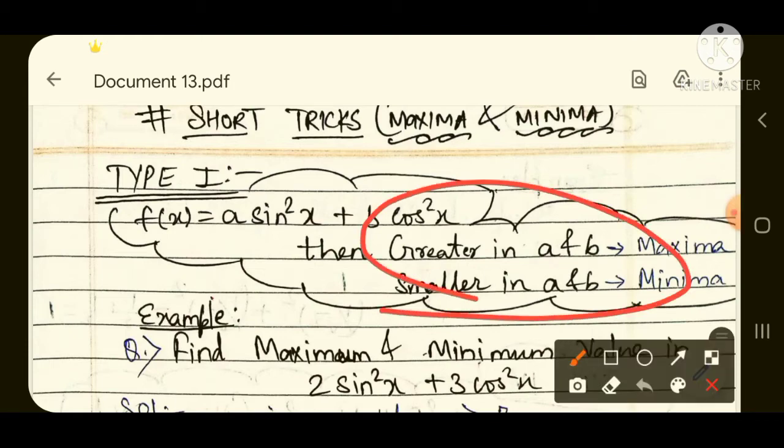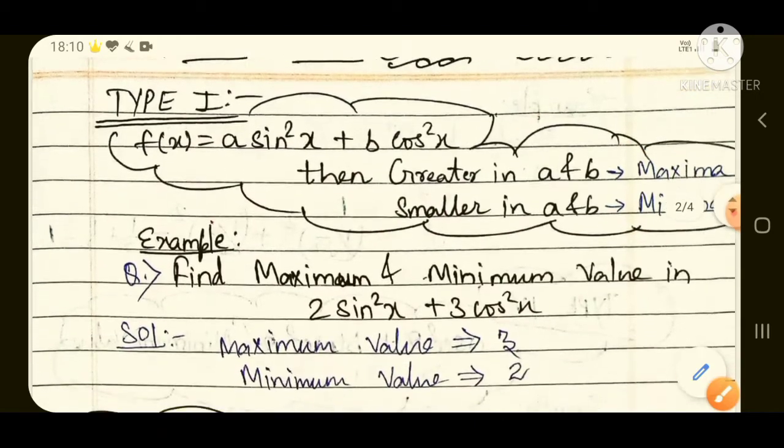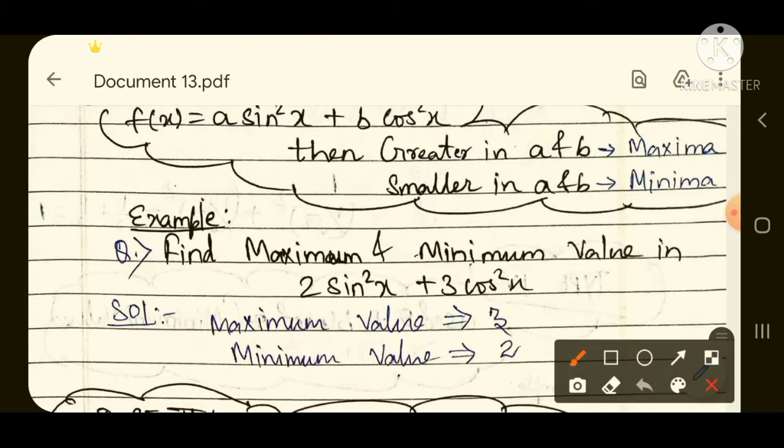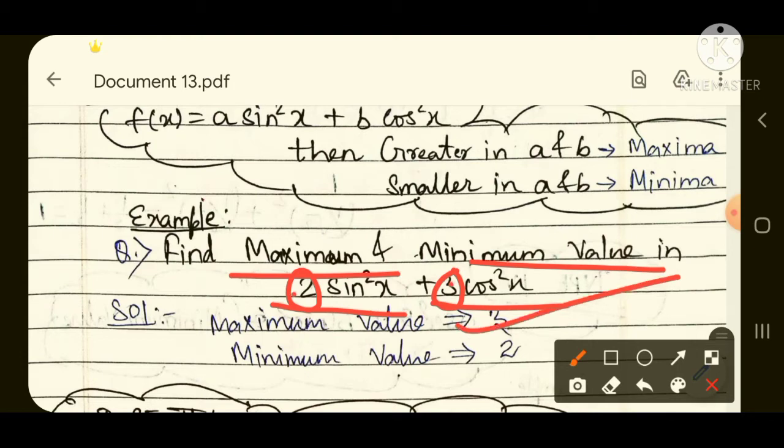For better understanding, I would take one example. Find the maximum and minimum value in 2 sin square x plus 3 cos square x. Now we need to see which is greater, 2 or 3. So 3 is greater, so 3 is our maximum and 2 is our minimum. See how in just 1 second you cracked it.